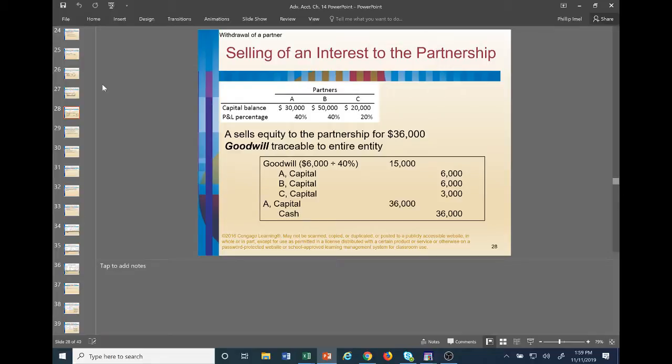Remember, this is assuming goodwill traceable to the entire entity is recognized. So once again, debit goodwill for $15,000. And then we're going to credit the capital account for partner A for $6,000, credit the capital account for partner B for $6,000, credit the capital account of partner C for $3,000, debit the capital account of partner A for $36,000, and credit cash for $36,000.